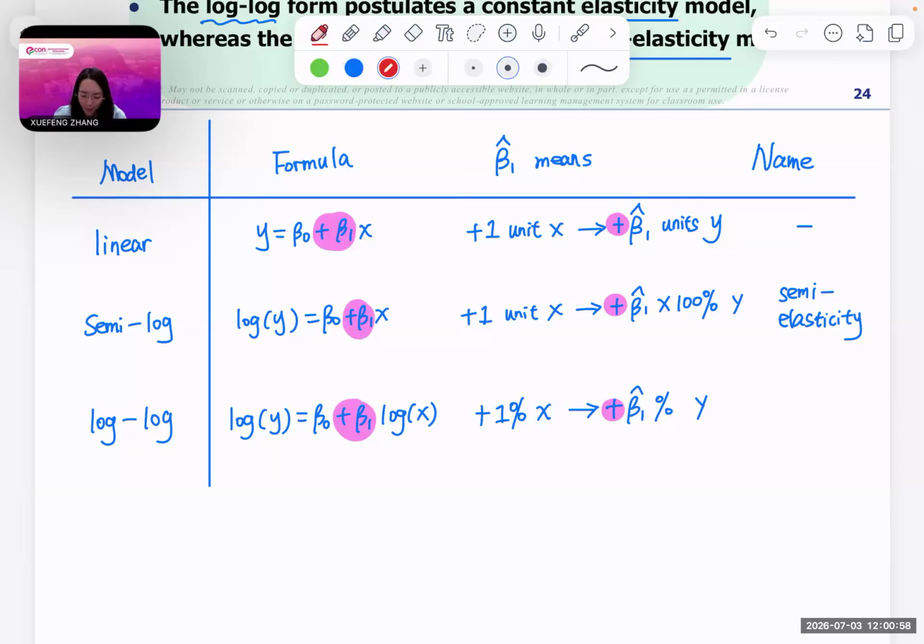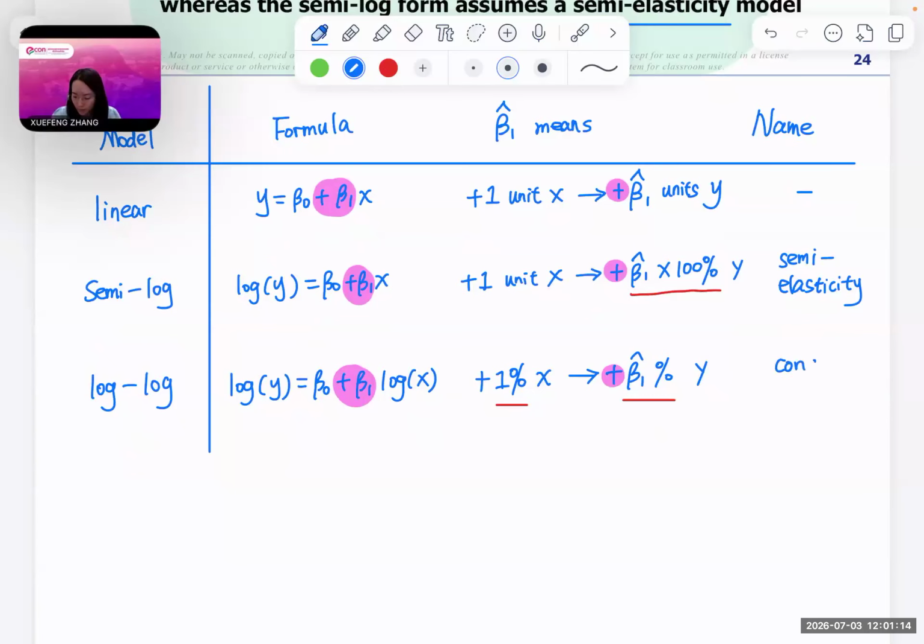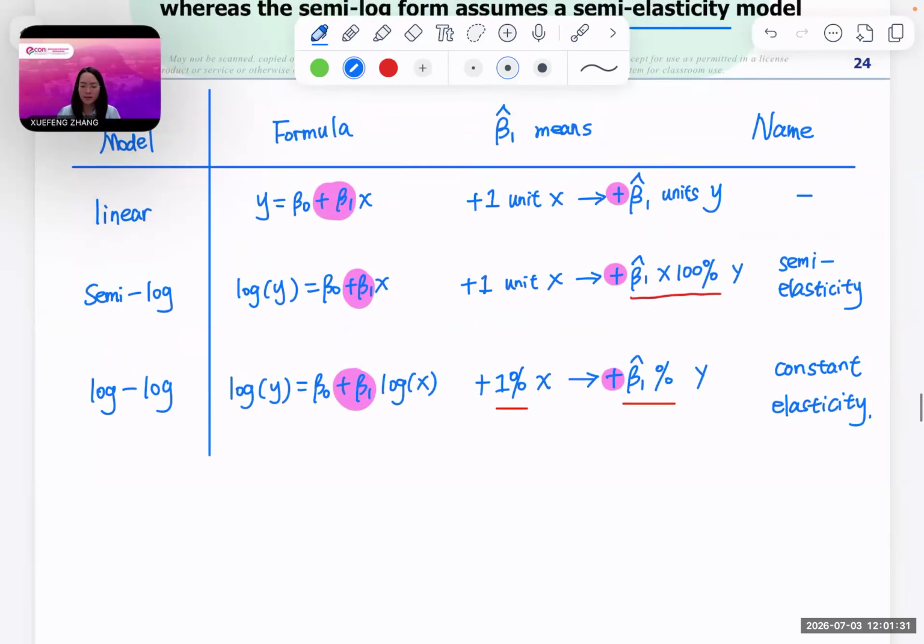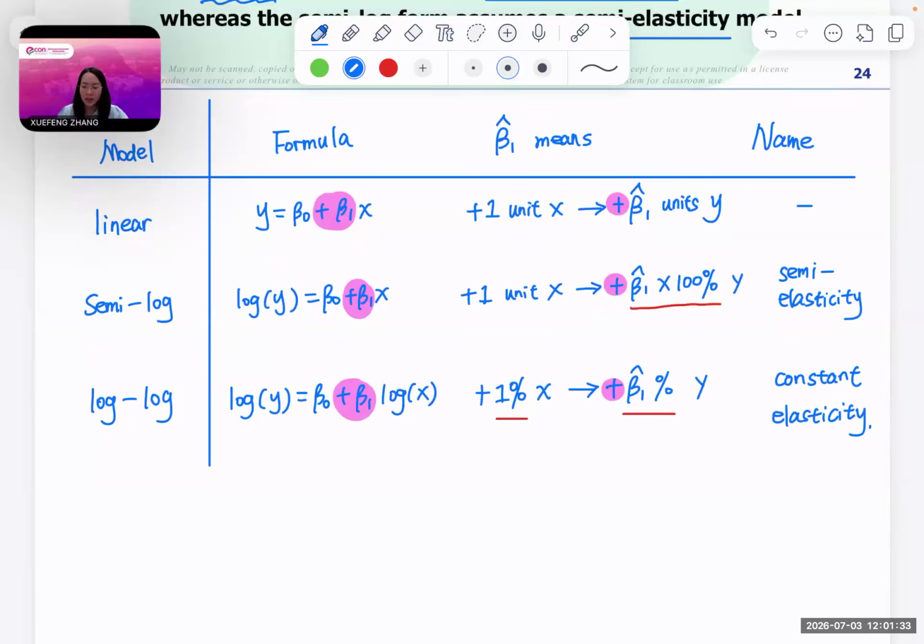But be careful about semi-log, okay? This is semi-elasticity. This is constant elasticity. I hope it's helpful for you to understand those three models.